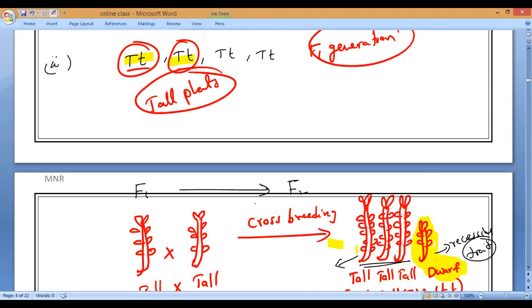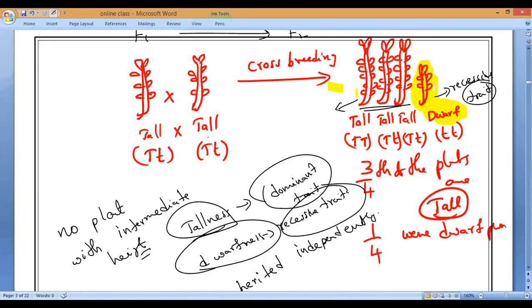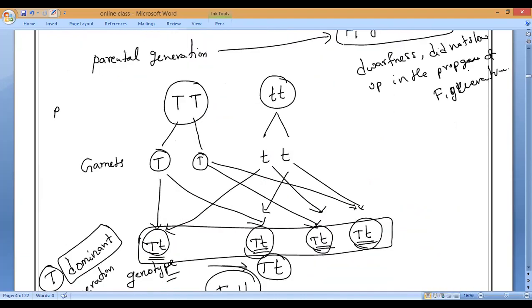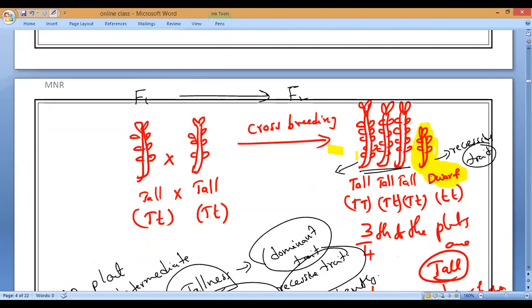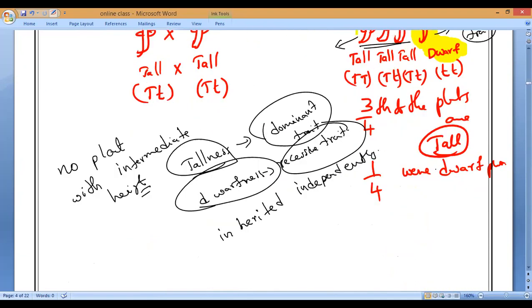One time the tall plants come, another time tall plants along with the dwarf trait, which was concealed in the F1 generation, reappears or re-emerges in the F2 generation. So there are no intermediate plants appearing in both generations.